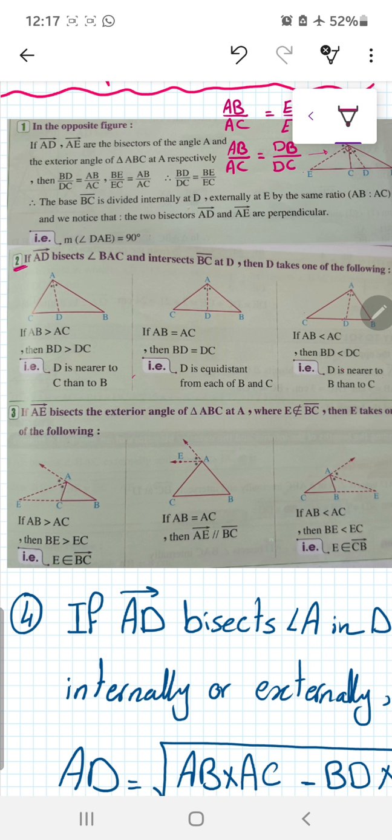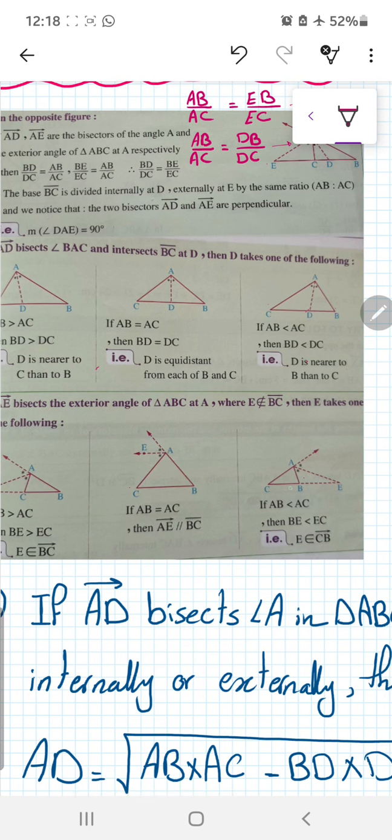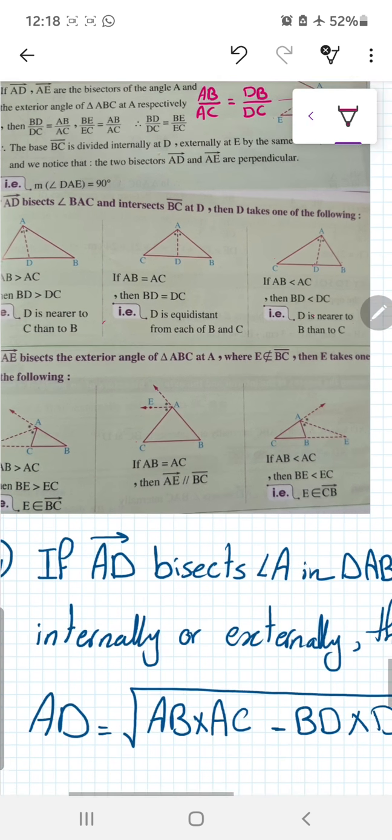Also we need it in the choose. If AB equals AC, we get AE is parallel to BC. Finally, if AB is smaller than AC, we get EC is greater than EB, and E belongs to the ray CB.